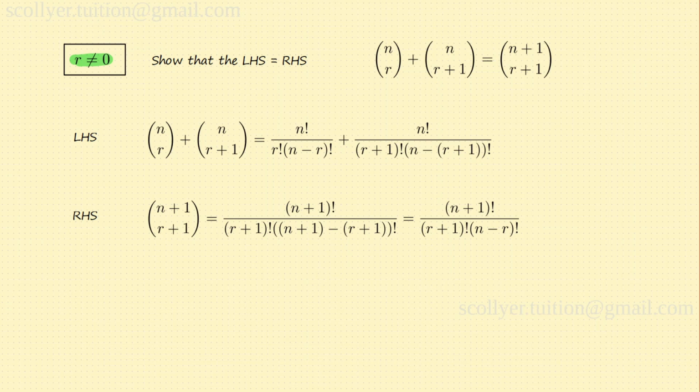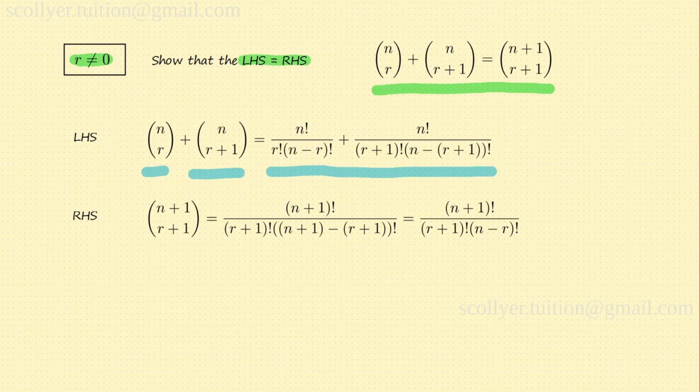We show that the left-hand side can be rewritten in the same form as the right-hand side, and recall that this is the relationship that we are trying to show. Now in this case, it's worth writing out the left-hand side and the right-hand side and comparing them. The left-hand side, when we apply the definition of nCr to n choose r plus n choose r plus 1, becomes this somewhat complex thing.